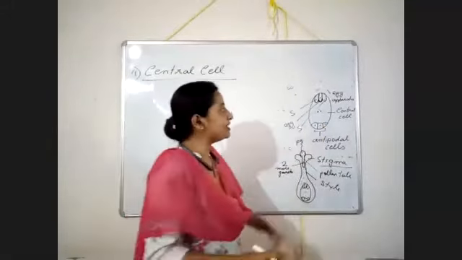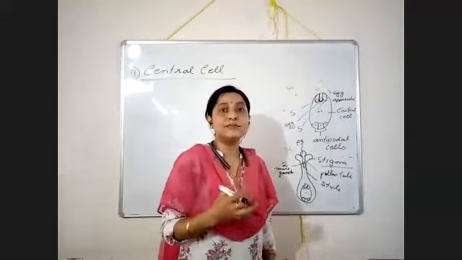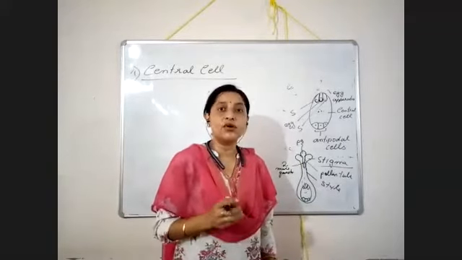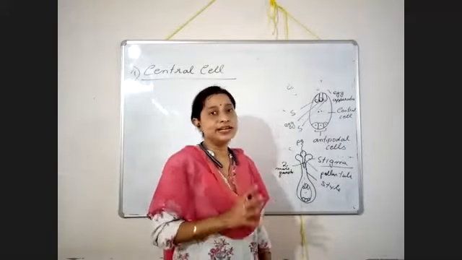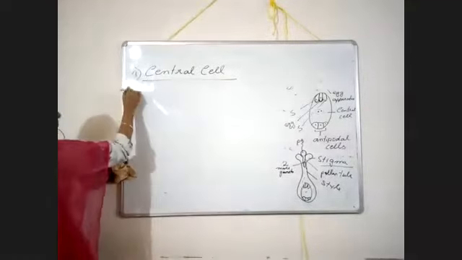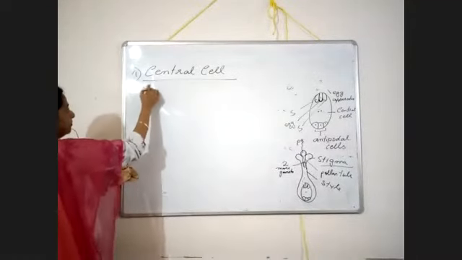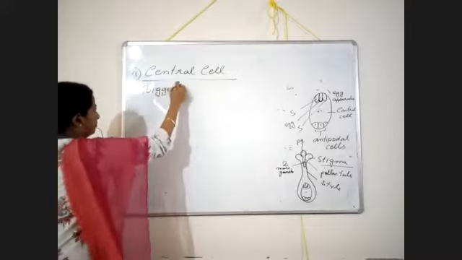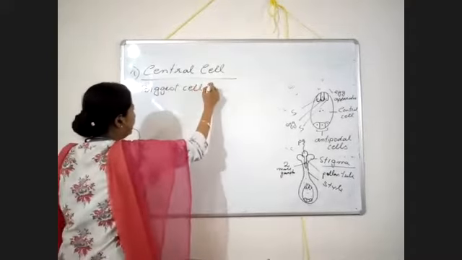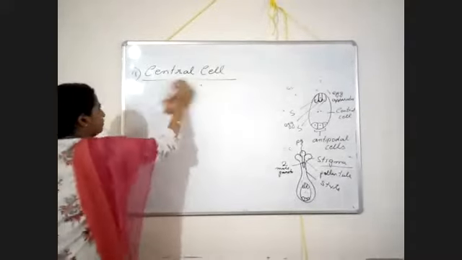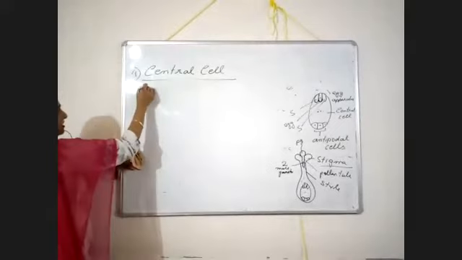And if you look at the diagram, which cell is supposed to be the biggest cell in the embryo sac? It is always the central cell that is considered the biggest, or instead of the word biggest, we can use the word largest cell.